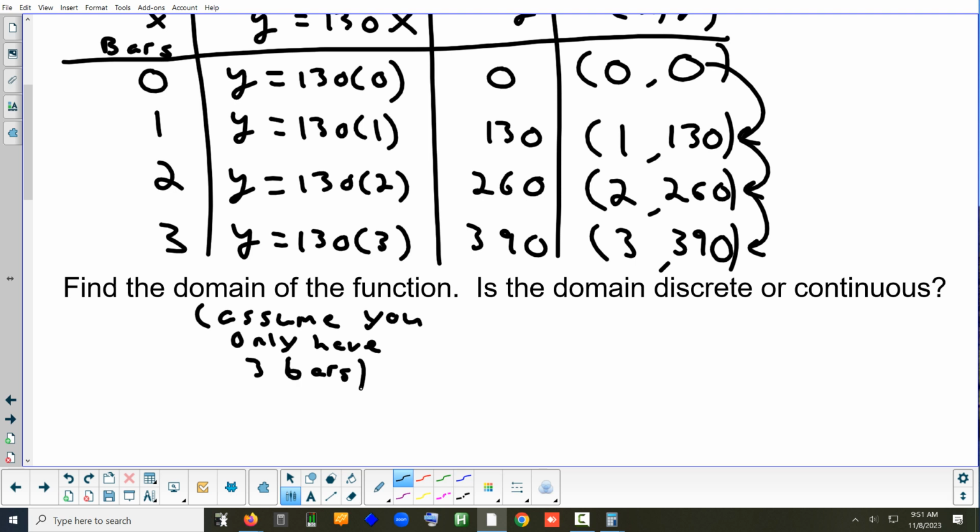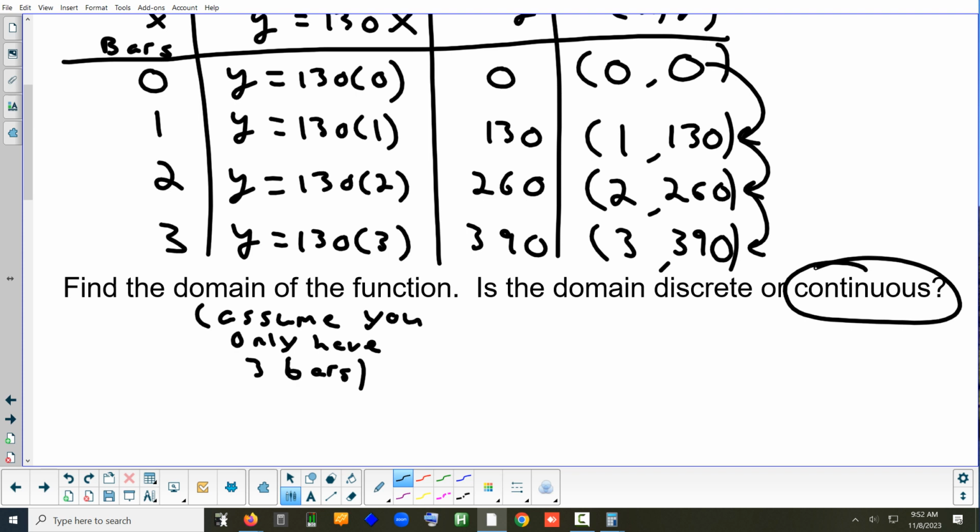If I put 3 bars in front of you, could you choose to just eat one of them? Could you choose to eat half of one? Could you eat a quarter of one? So what do you think about the domain of this problem? Discrete or continuous? This is continuous. You could choose to eat any amount of the bar that you want.